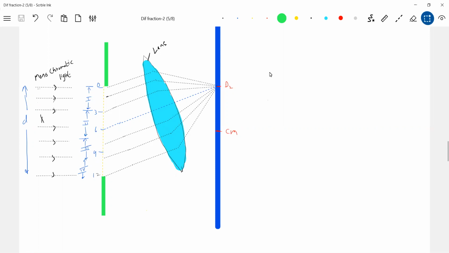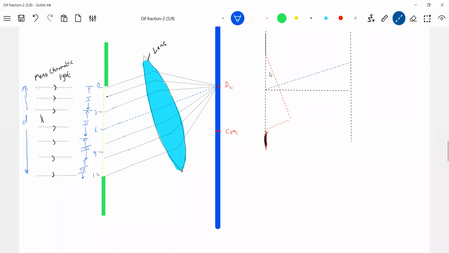Okay, this is next. We'll go for this. I made a slightly bigger diagram so that it'll be easy for us to show all the things.